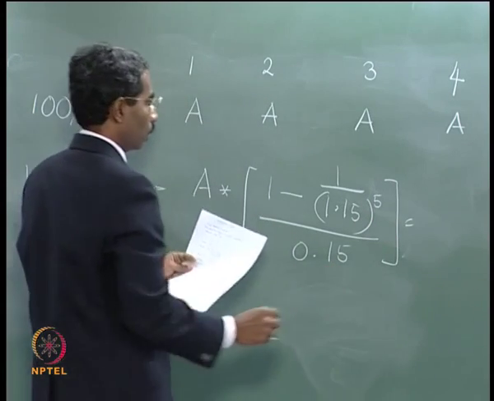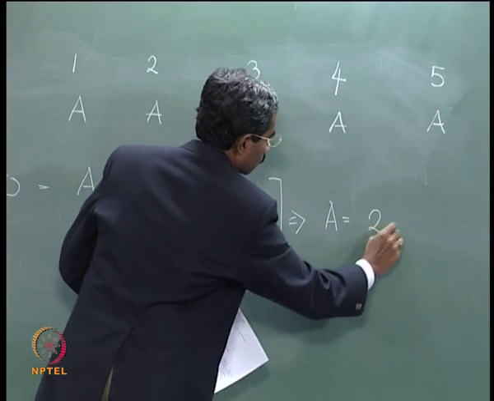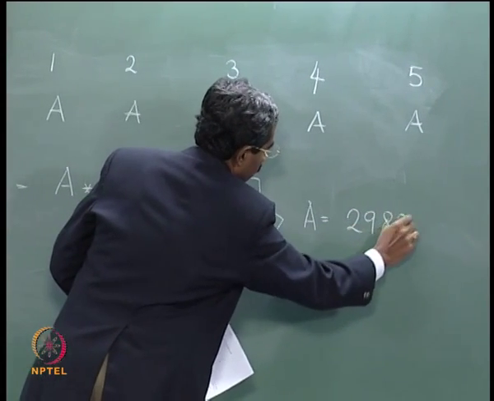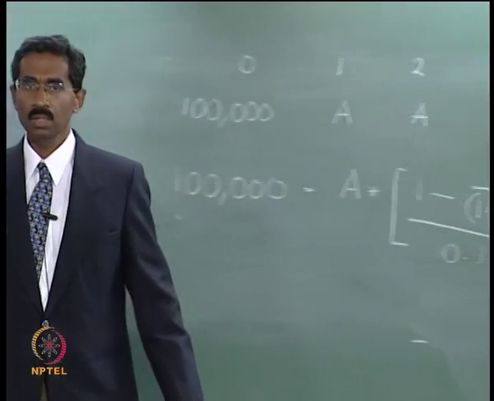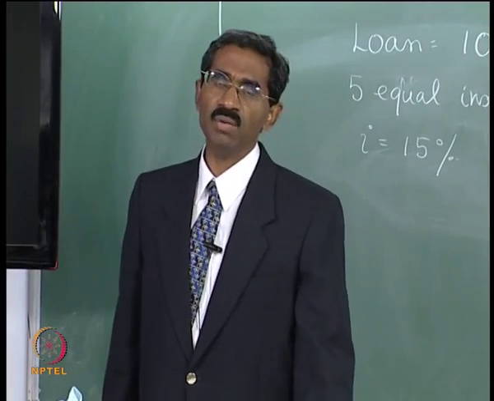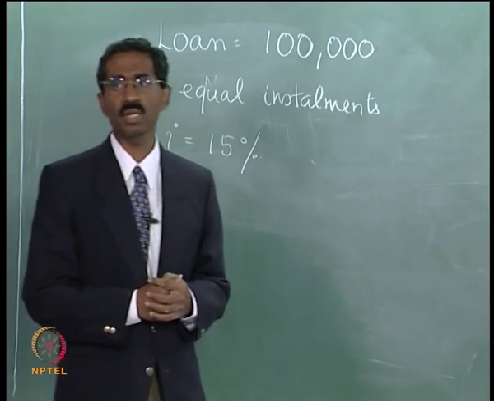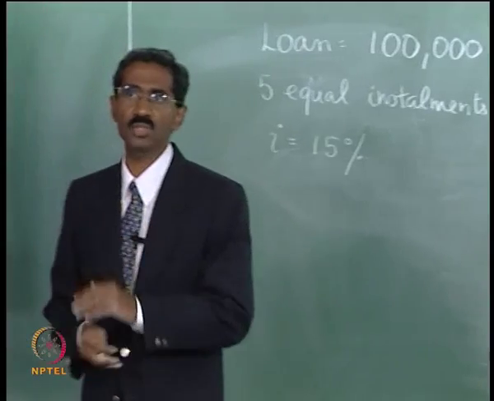So with this we can get the value of A to be 29,831. So if you need to repay the loan of 100,000 in 5 installments, each and every installment would be valued at 29,831. So that is the first part.